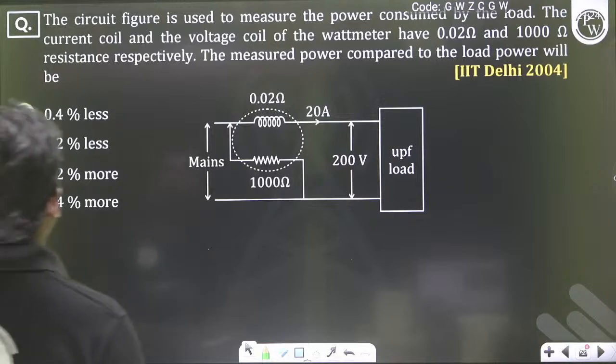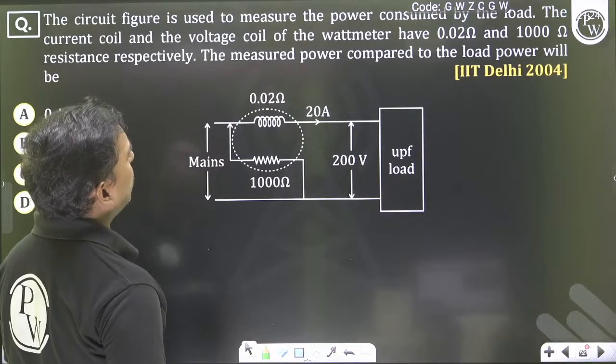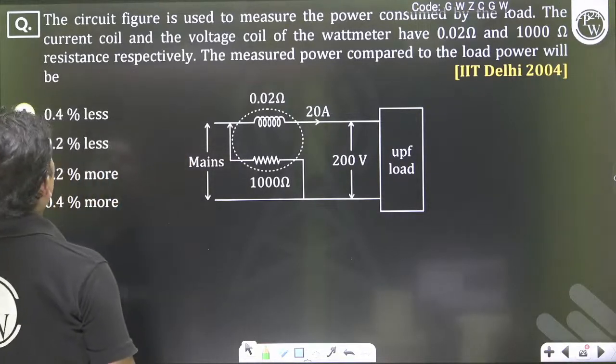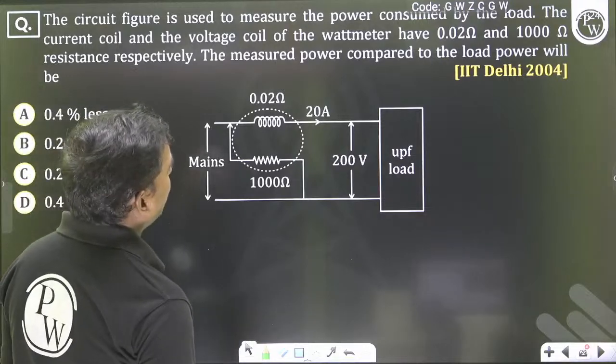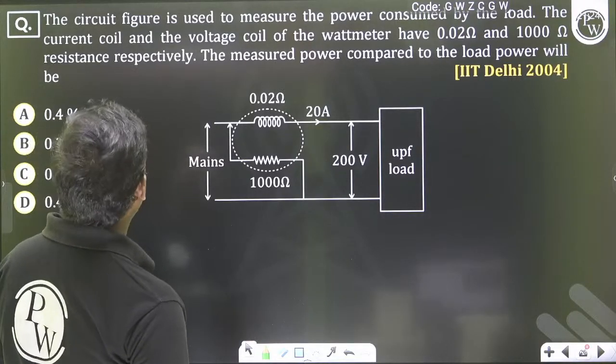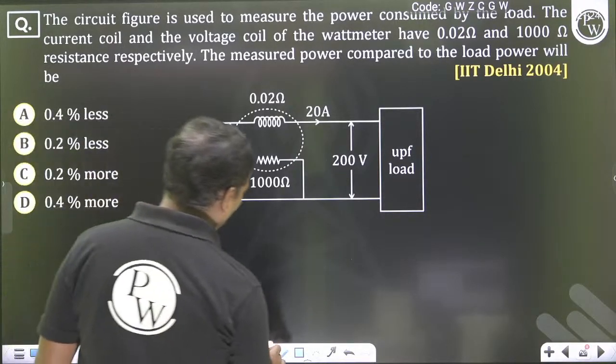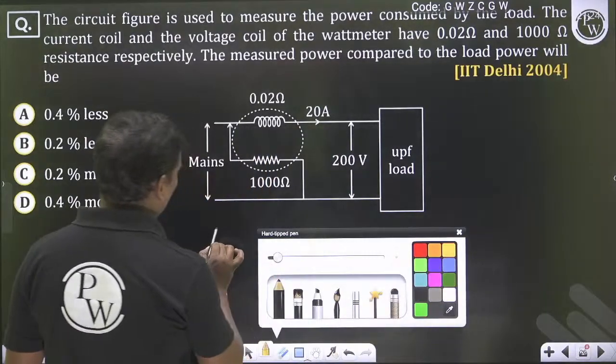What is the answer? The circuit figure is used to measure the power consumed by the load. The current coil and the voltage coil of the wattmeter have 0.02 ohms resistance and 1000 ohms resistance. So what is given? Resistance.